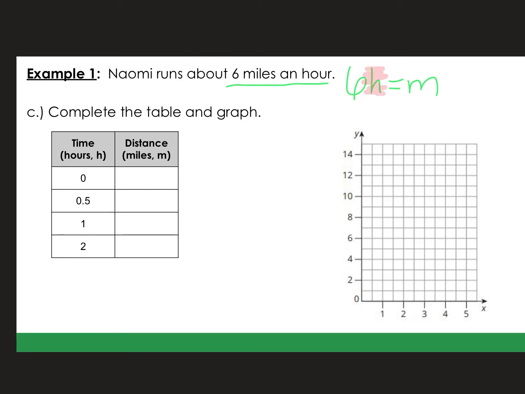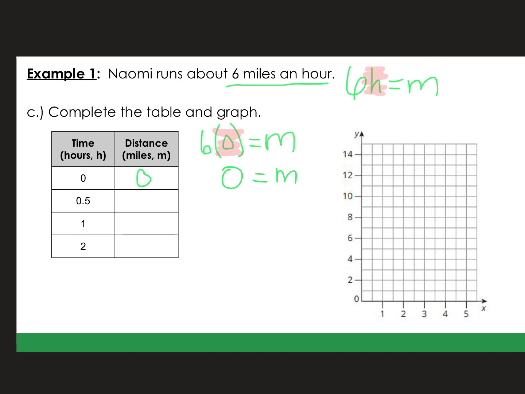So it would be 6 times 0 equals M. That's what I'm trying to figure out, M. I literally just substituted the red for the red. So 6 times 0 is 0. So 0 equals M. So that's my first part of the chart.